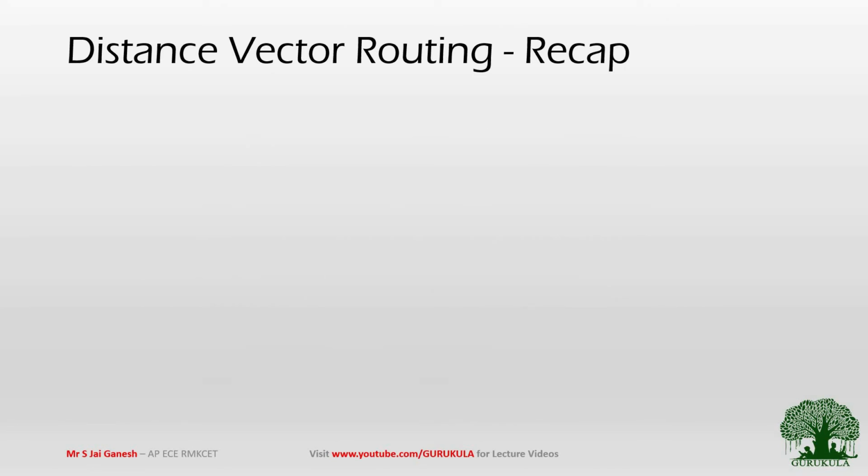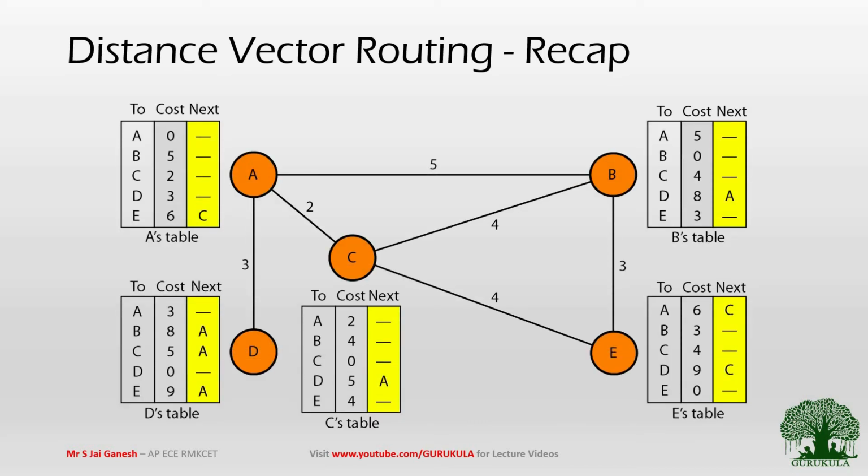So just to see the difference between link state routing and distance vector routing. In distance vector routing, this is the example network that we discussed in the previous video. As you can see, each and every node will just have the information of the next node.